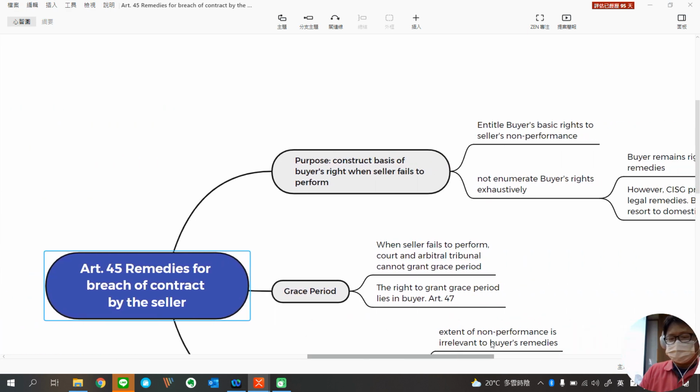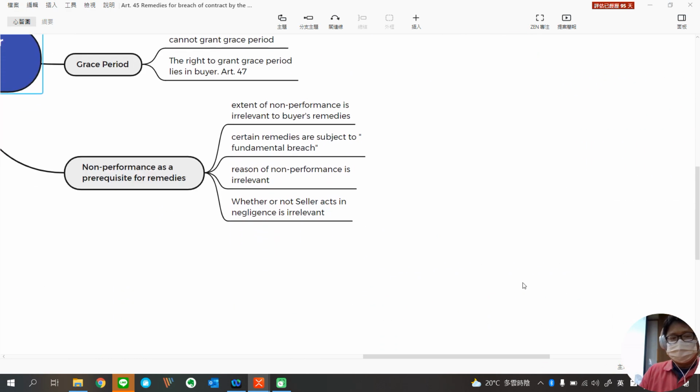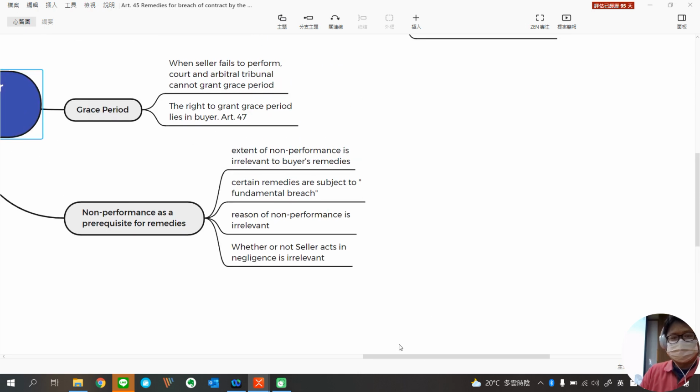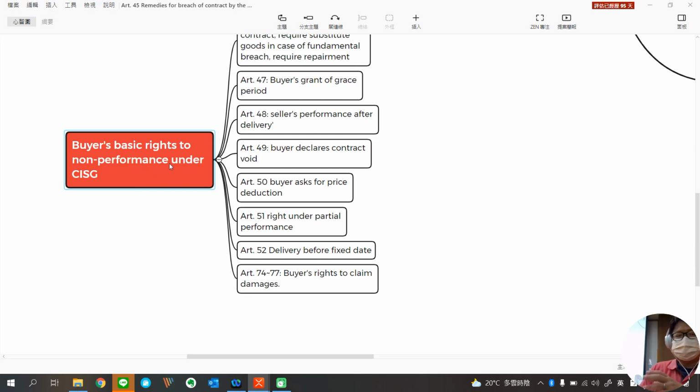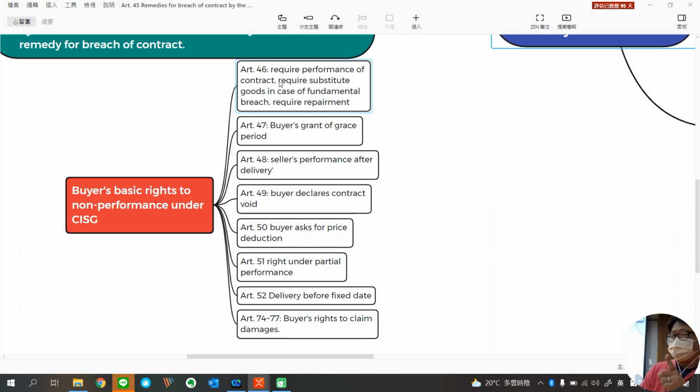So we can have a look at it here. The buyer's basic rights on non-performance under the CISG, Articles 46 to 52. Firstly, require performance of the contract; secondly, require substitute goods in case of fundamental breach; and then require repair.